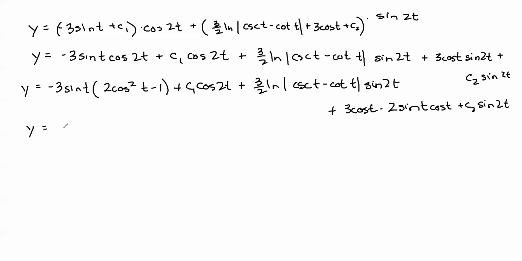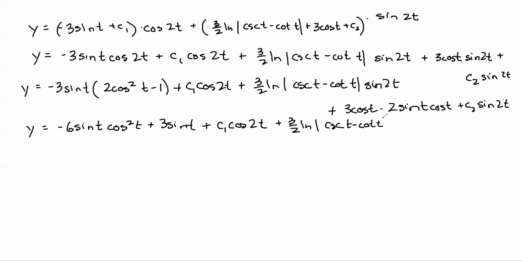And then finally, almost done. If you multiply this out, we're going to have minus 6 sine t cosine squared t plus 3 sine t plus c1 cosine 2t plus 3/2 natural log cosecant t minus cotangent t sine 2t plus 6 sine t cosine squared t plus c2 sine 2t.